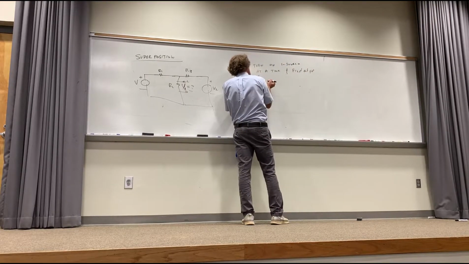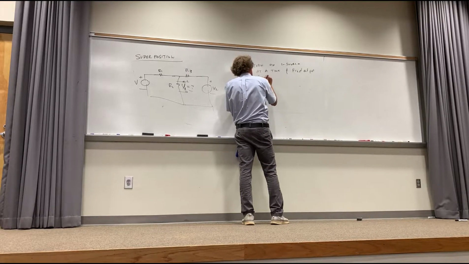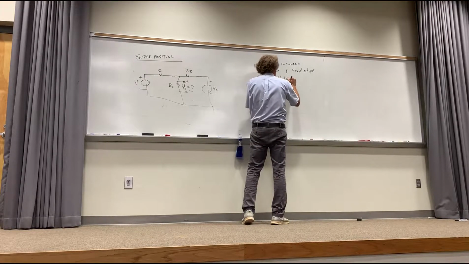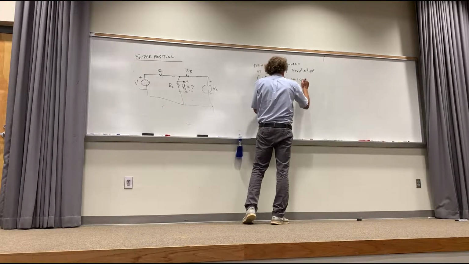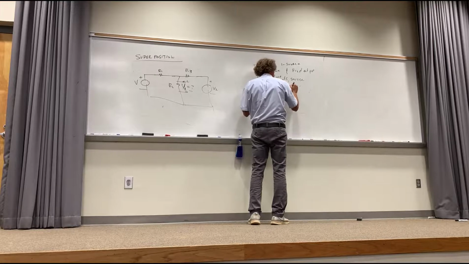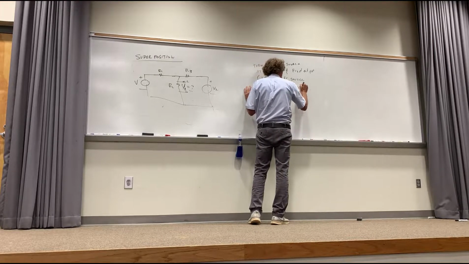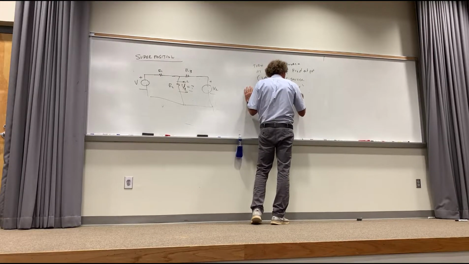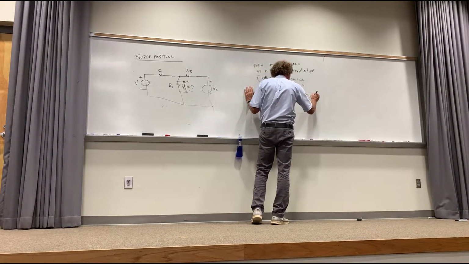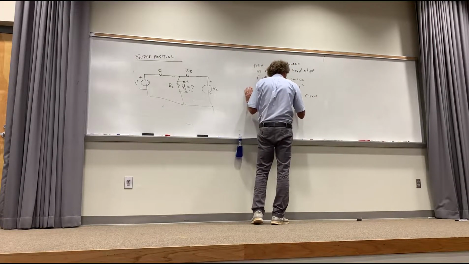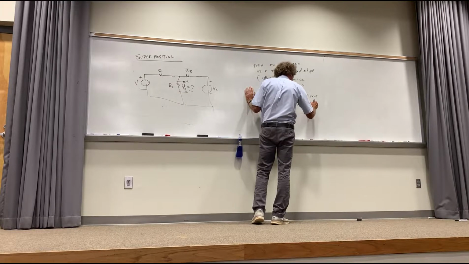And then what you do is, with the second, third, etc. sources, you turn them off. Now what do I mean by that? It means if it's a voltage source, you replace it with a short circuit. I'll get out of the way and I'll explain this. With a current source, you replace it with an open circuit. I'll do examples of that.